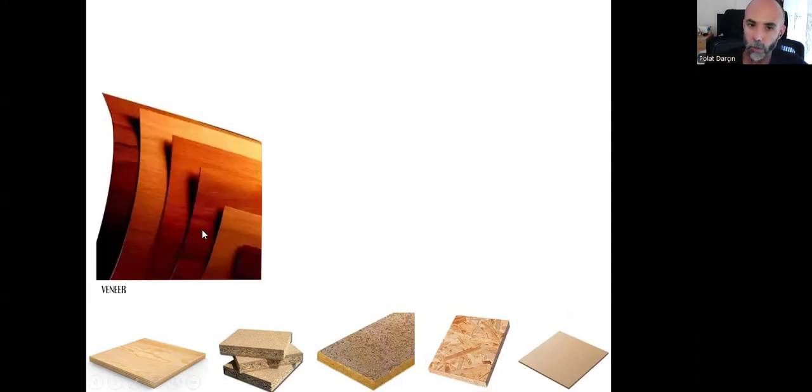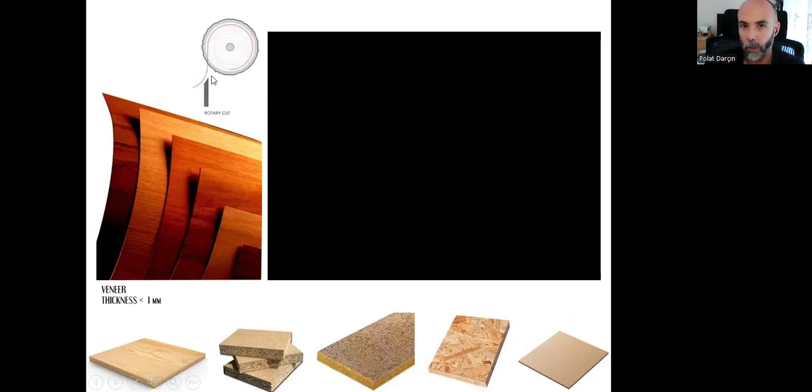They are only 1 or 2 millimeters thick, very thin, even maybe half a millimeter. These are used to cover the surfaces of these panels, or we can just dye them, paint them, or cover them with plastic surfaces. And this veneer is created like that. There is a special saw, and it peels the tree trunk like that.